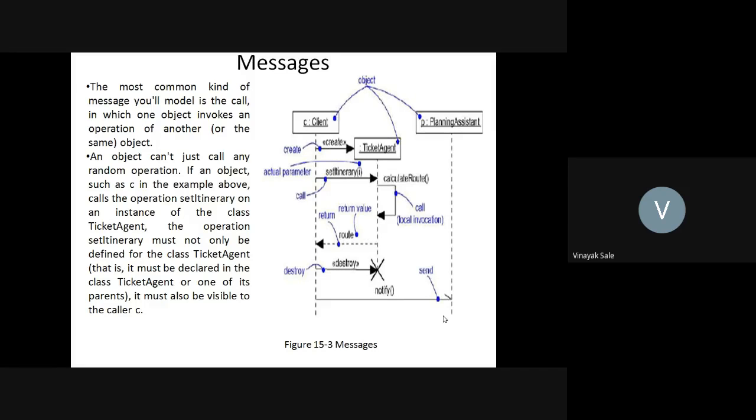That is, it must be declared in the class ticket agent or one of its parents. It must also be visible to the caller C.